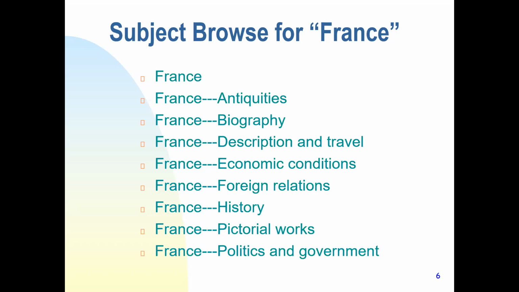If we were looking for the people of France, then we could look under France biography. If we were looking for books with lots of photographs of France, we could look under France pictorial works.